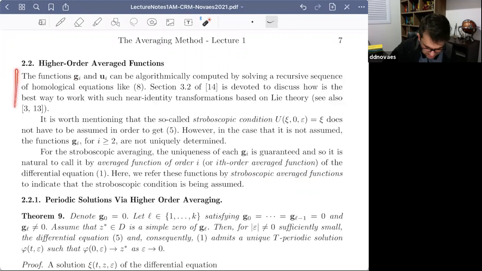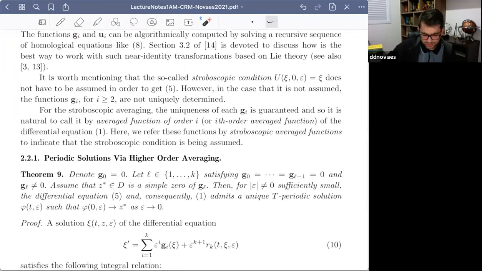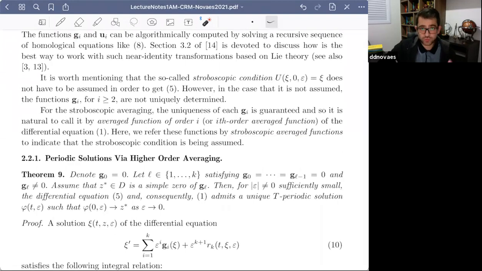I think that I have already commented on these. I'm not going to repeat the procedure of homological equations to find an expression for these functions gi. We are going to have an expression for these functions, but at the end of the lecture.